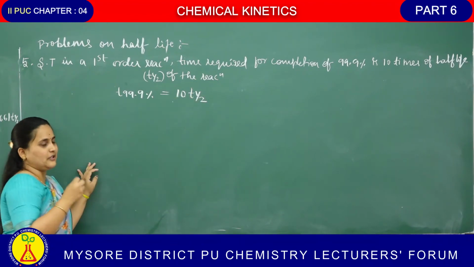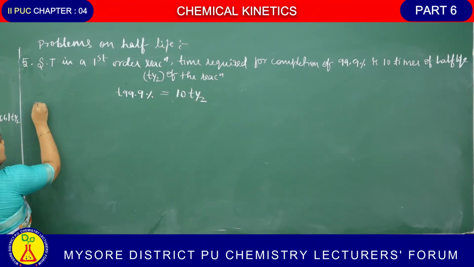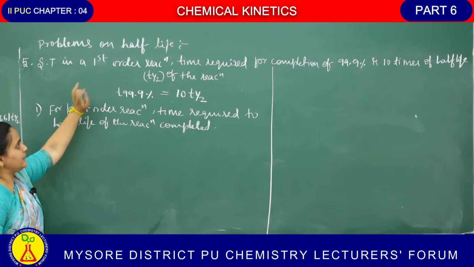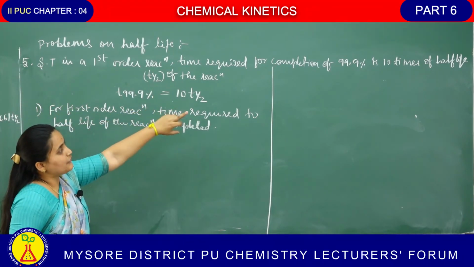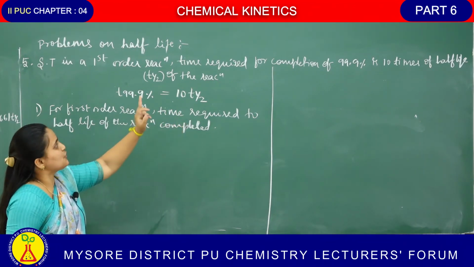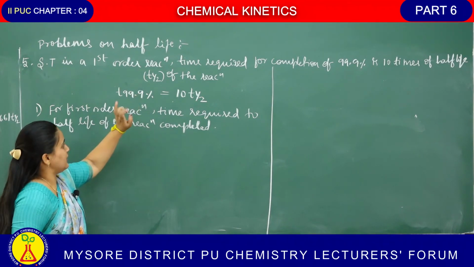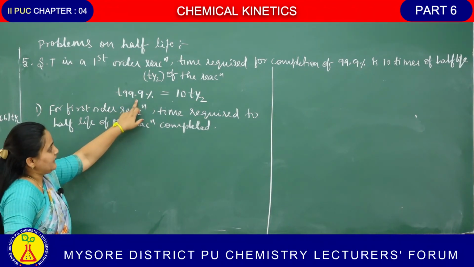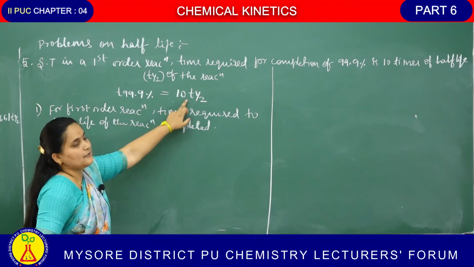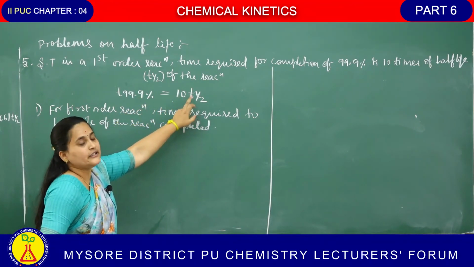Okay, see the question, we have to show t 99.9% is equal to 10 times t half of a reaction.